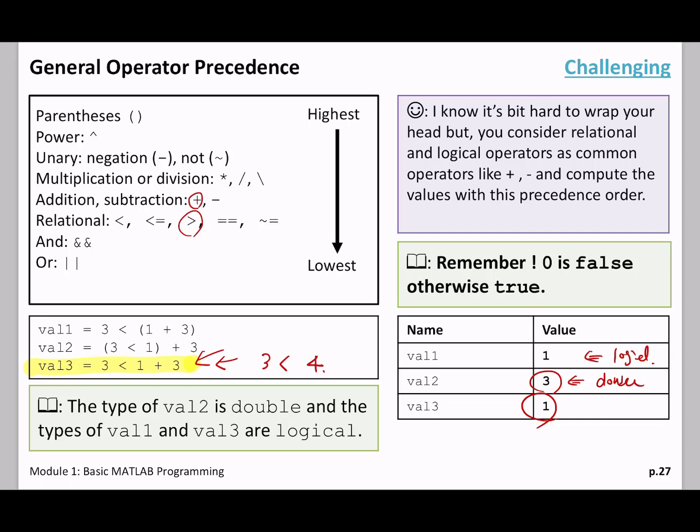So I recommend using these types of parentheses, because the parentheses make the precedence clear, right? Again, the reason you're confused with this kind of equation is that this is not a normal math equation, right?